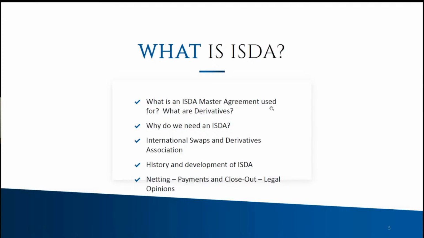And a derivative is essentially a contract or an agreement between two parties, where that contract's value is derived based on some other underlying asset or thing. So for instance, you use a derivative when you want to get exposure to a certain asset or an index, which you either don't want to buy physically or you can't access physically. A typical example is an equity derivative.